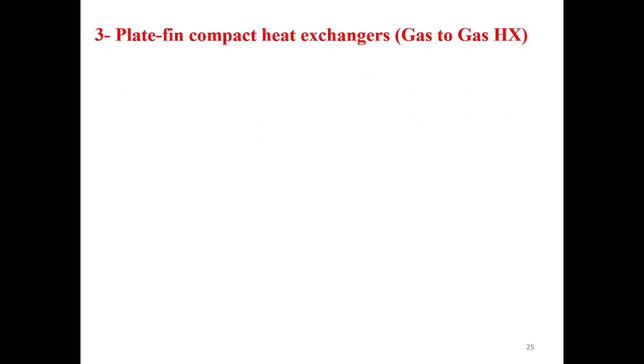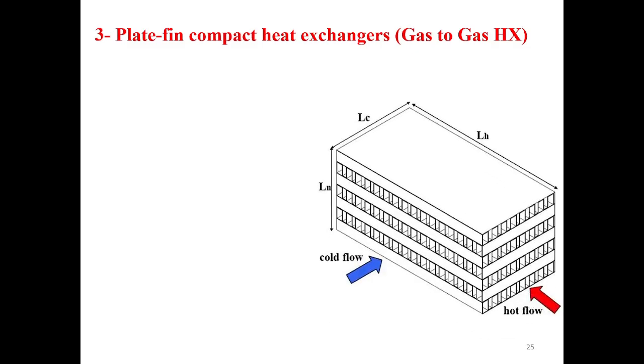Now we are going to move to plate fin compact heat exchanger. Of course here we are talking about a gas to gas compact heat exchanger, and this sketch shows very important parameters for heat exchange between the cold fluid and the hot fluid.